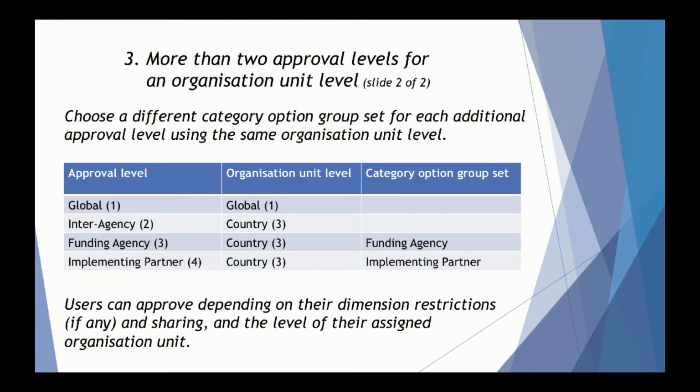And we already had the interagency users who, in the country team, are responsible for seeing the data across all the funding mechanisms, all the partners, all the agencies. So in fact, we already had the user accounts set up according to this hierarchy, and this involved no extra setup except for choosing a category option group set for each approval level.